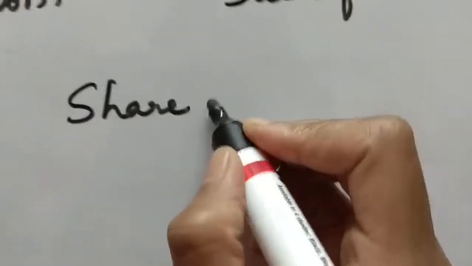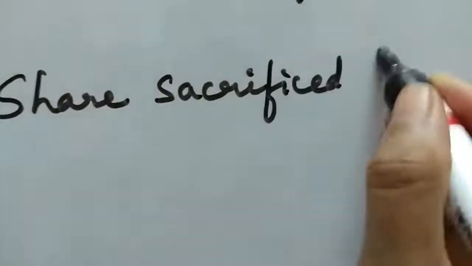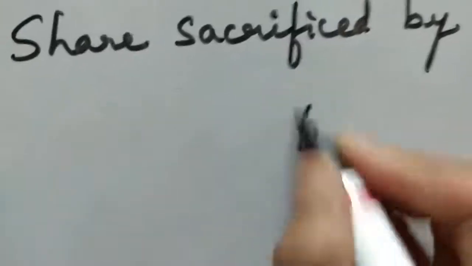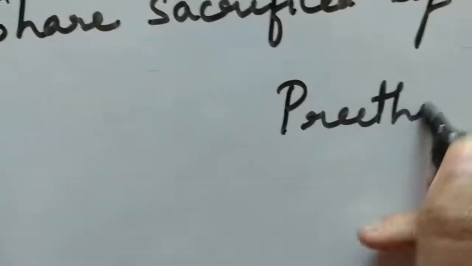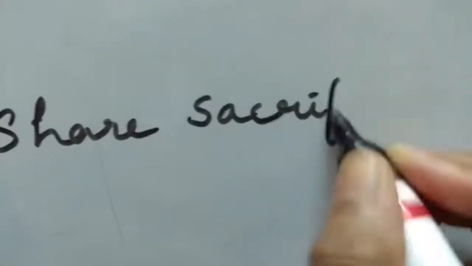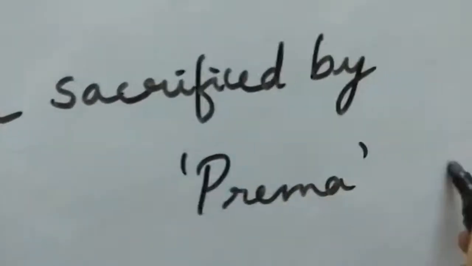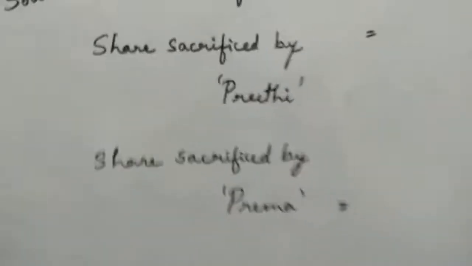So what is the old share? Let me go. Share sacrificed by Preeti. Next, share sacrificed by Prema. Now, when we go for sacrifice, it is only the old partners, Preeti and Prema.